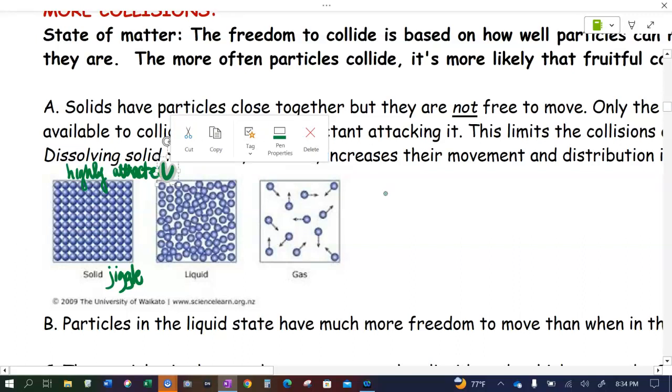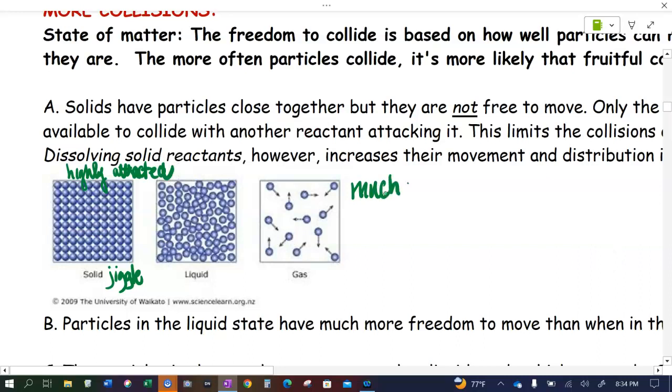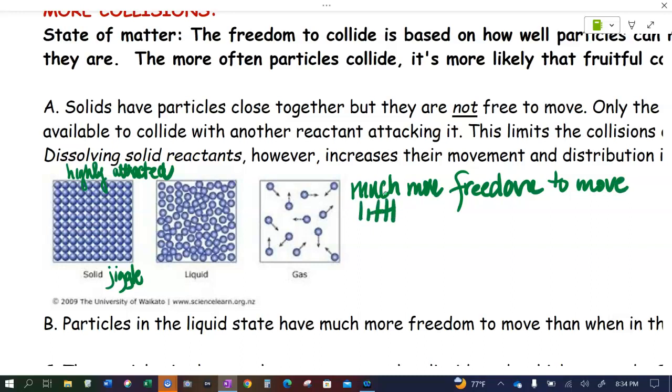But when we get to this gas state of matter, we can see much more freedom to move. All right, the key factor, freedom to move, because it's hard to collide if you don't have freedom to move. Little attraction, if any, and high-speed motion from here to there.